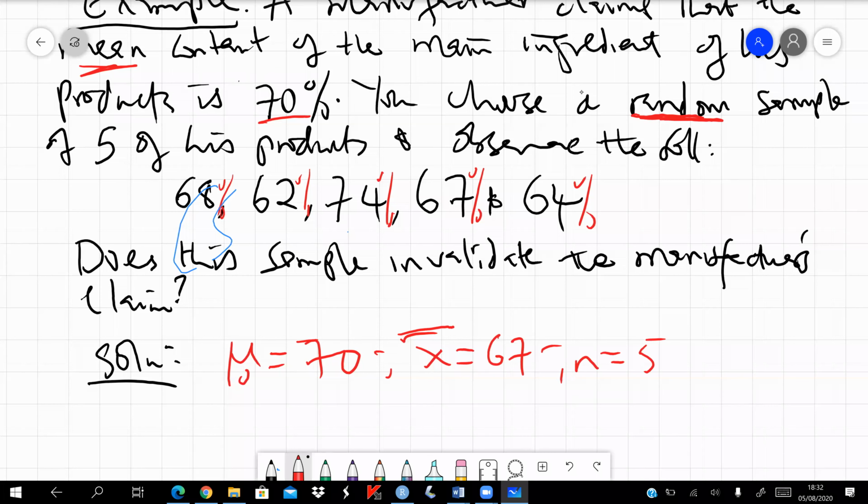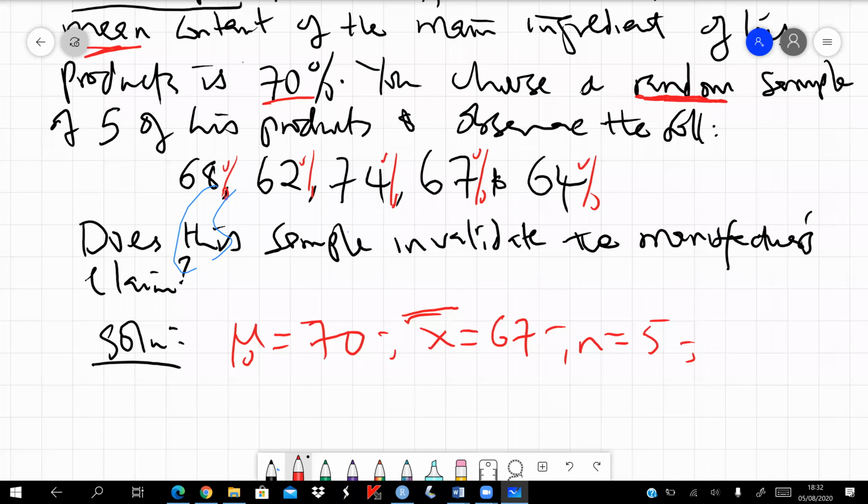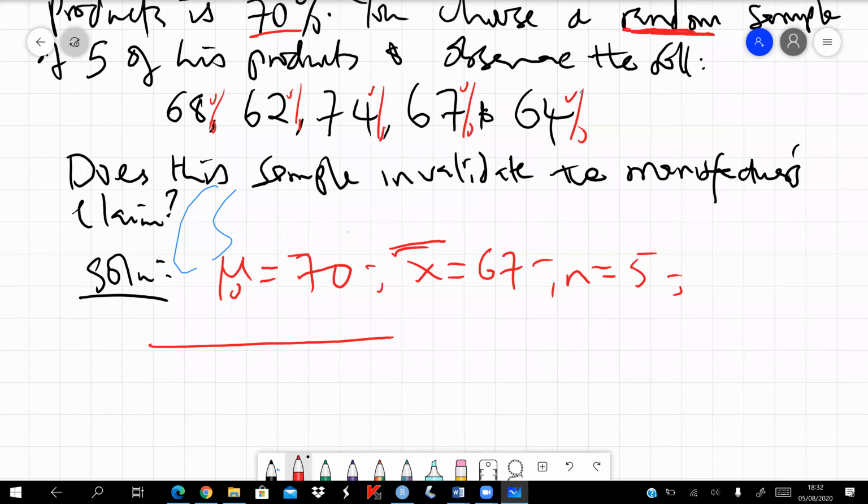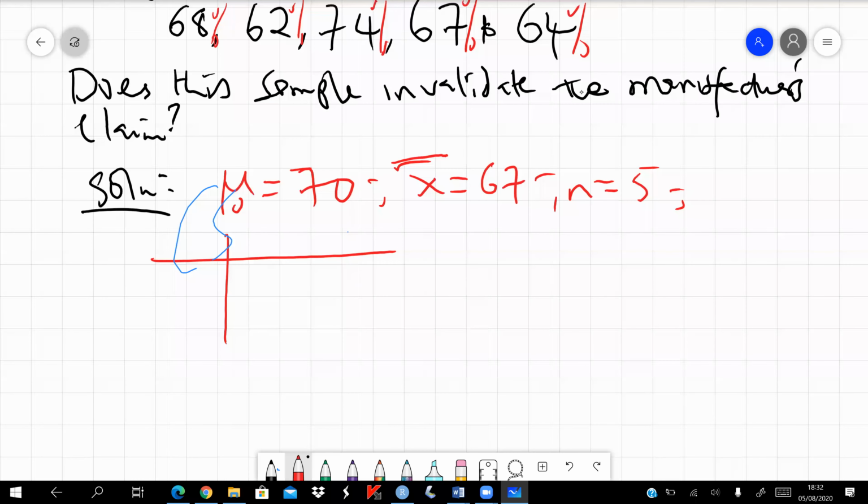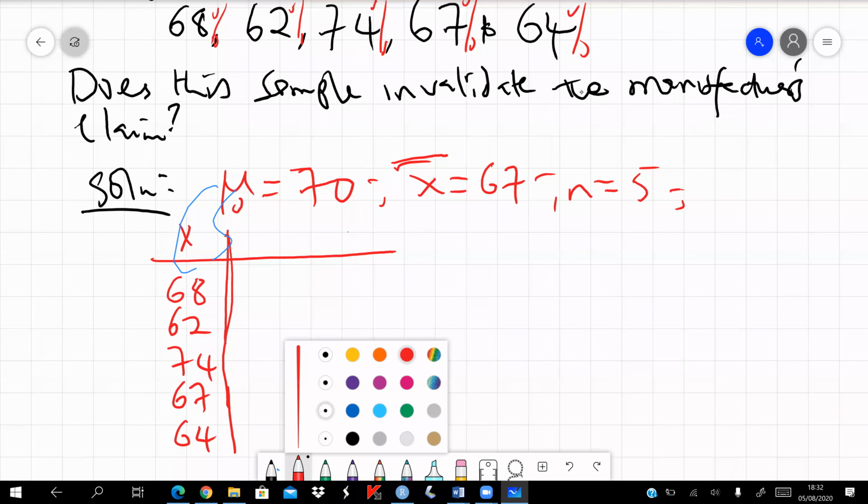We also need to find an estimate of standard deviation. So let's do this together. We need to estimate standard deviation. So let's have the values here. We have 68, 62, 74, 67, and 64. So we need to find the standard deviation here, and we already have X bar is 67.